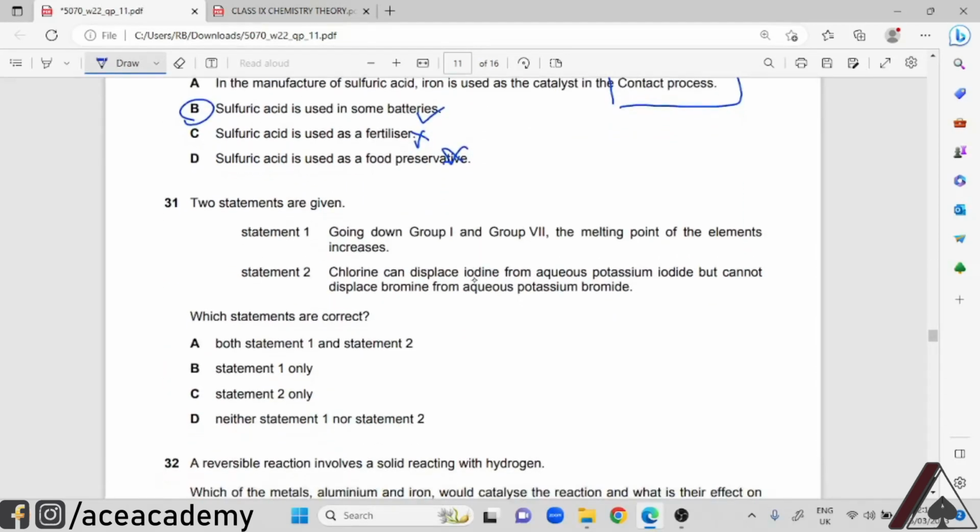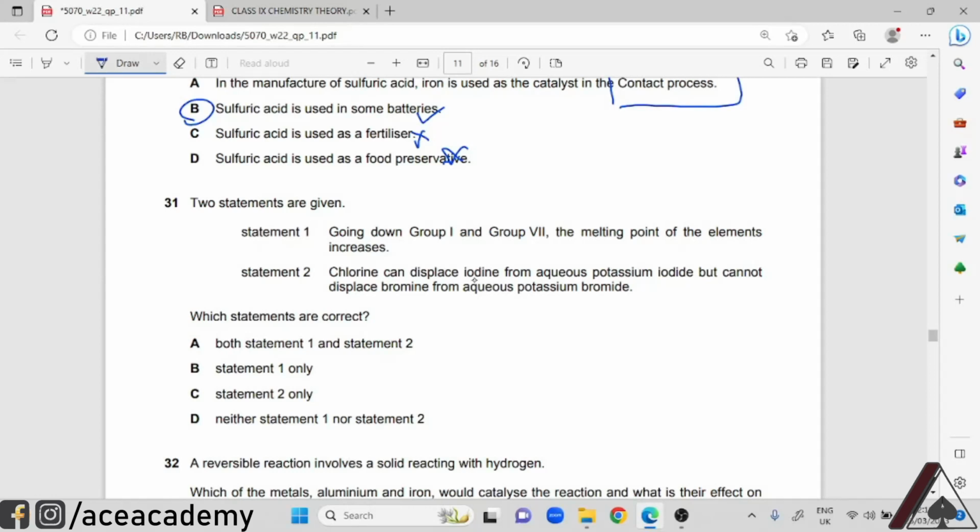Two statements are given. Statement 1: going down group 1 and group 7, the melting point of the elements increases. Statement 2 says chlorine can displace iodine from aqueous potassium iodide but cannot displace bromine from aqueous potassium bromide.